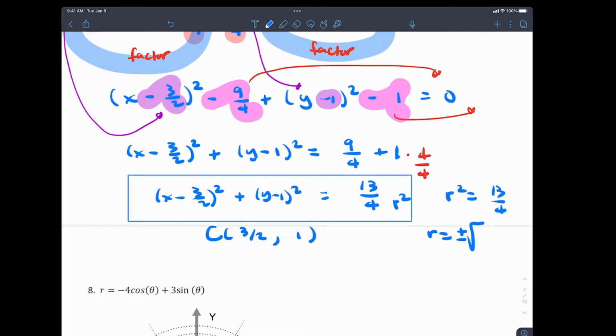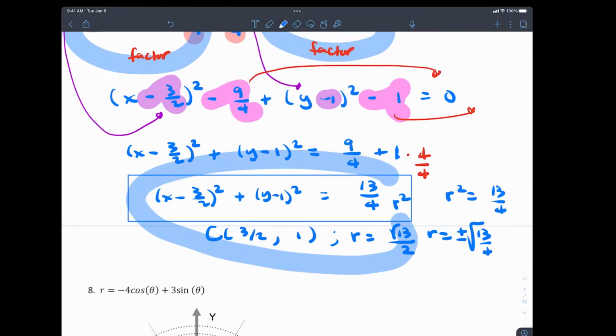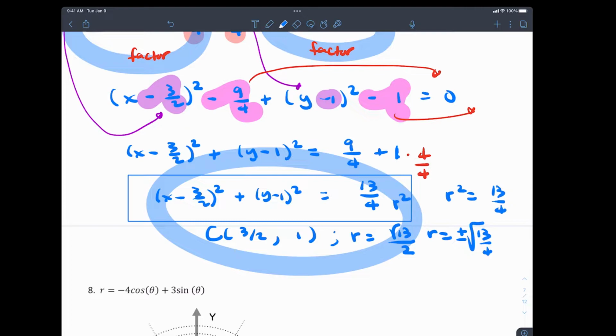So even though we'll use the square root formula, the radius is the positive value. You guys will see this is really the square root of 13 over 2. So equation of a circle centered at (3/2, 1), radius square root of 13 over 2.